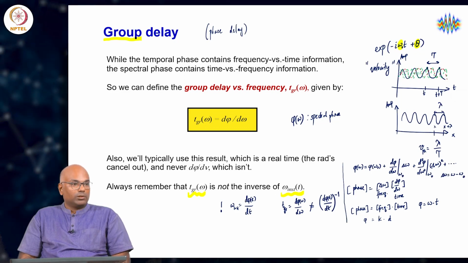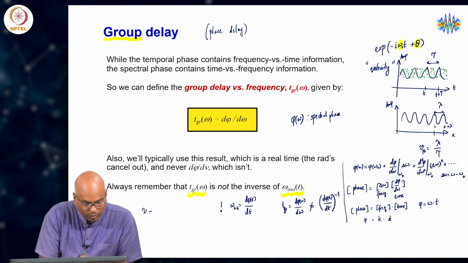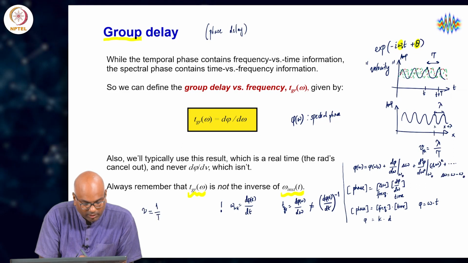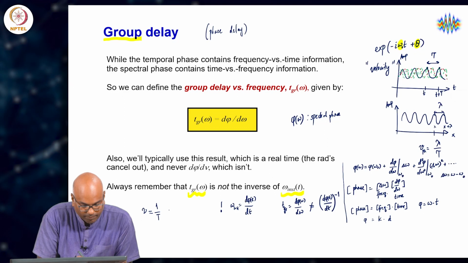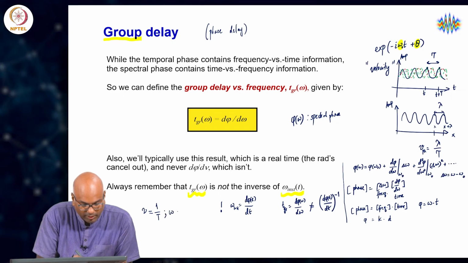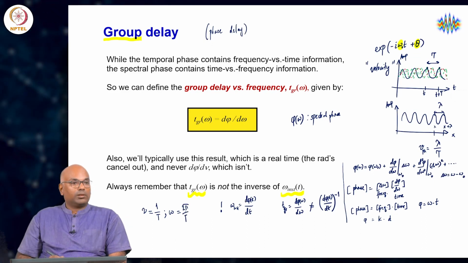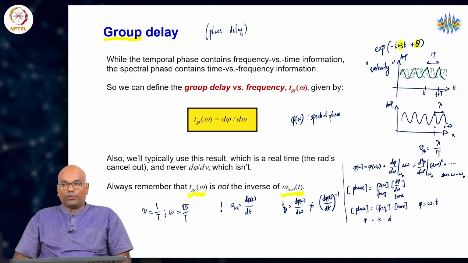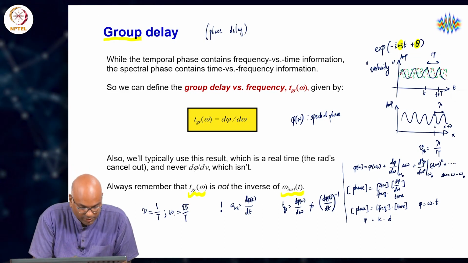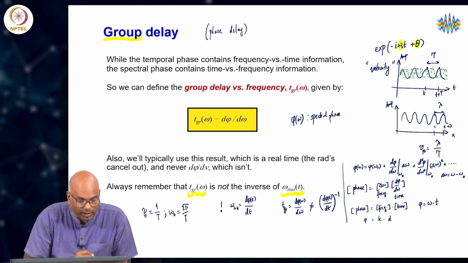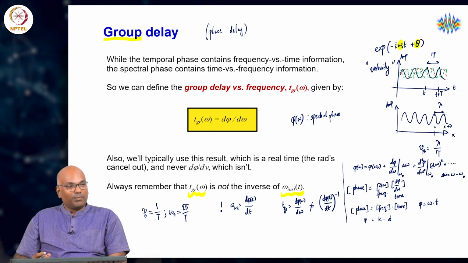It is not. Although earlier we did know the frequency is 1 over period, or omega, the angular frequency, is 2 pi over the time period. 2 pi is just a matter of units. Although this was true in the case of, say, omega naught and nu naught, it is not in general the same notion.